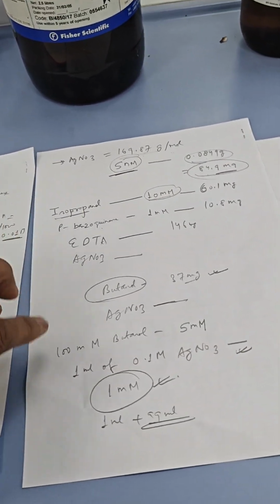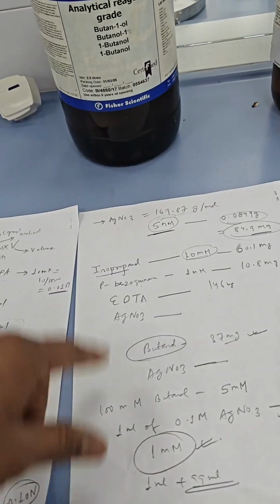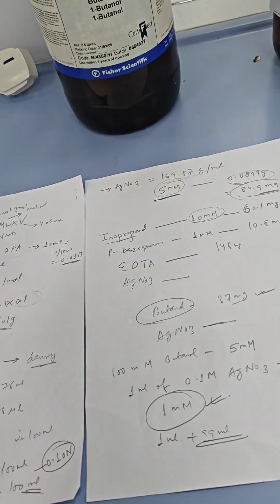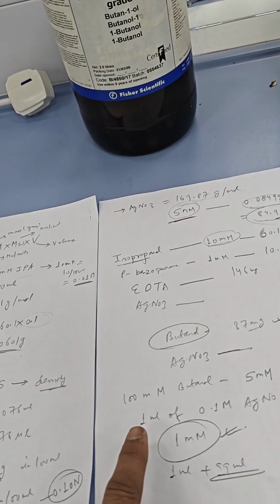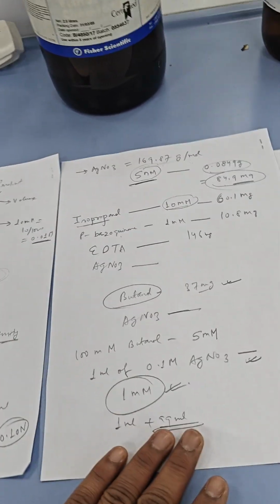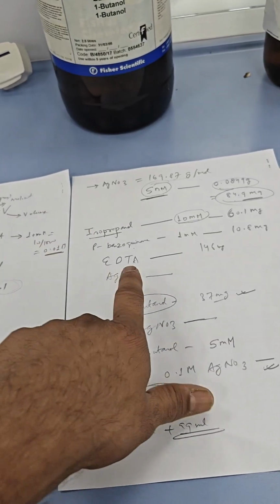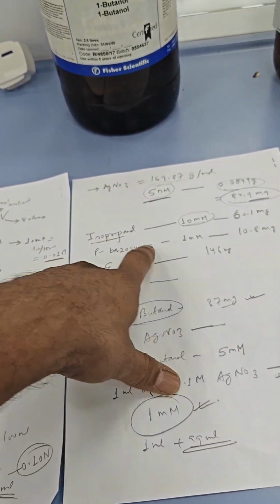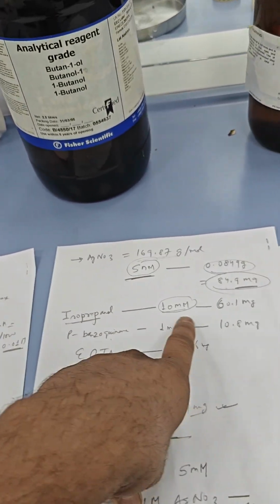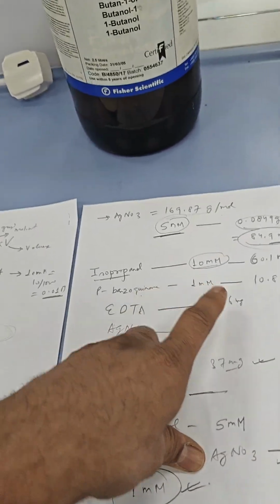Similarly, for example, if we have 5 millimoles of butanol, we will prepare first of all 100 millimoles of butanol using the equation that we saw here, and then we will take 5 ml of that 5 millimole solution, plus add 95 ml of the solution. The same will follow, for example, for EDTA or AgNO3, or p-benzoquinone. So we'll make 1 millimole of this using this equation.